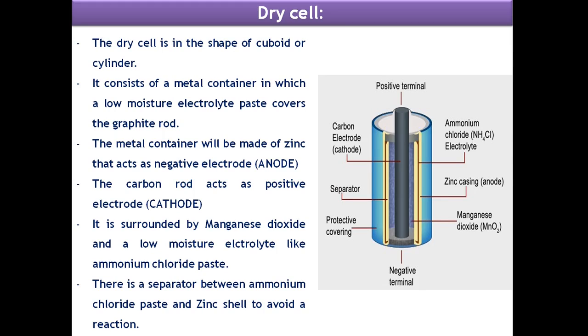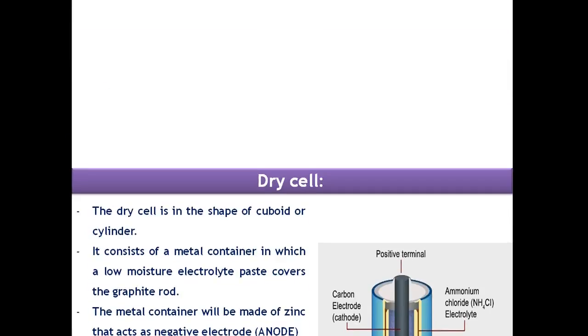It is surrounded by manganese dioxide and a low moisture electrolyte like ammonium chloride paste, which will produce a maximum of 1.5 volts of electricity. There is a separator between the ammonium chloride paste and the zinc shell to avoid direct reaction.